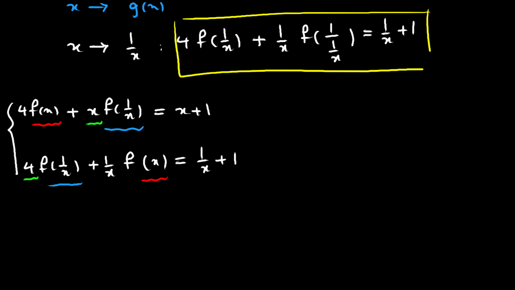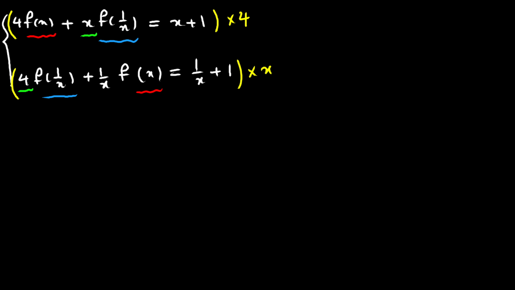And the thing is, if we want to eliminate f of 1 over x, we need to have the same coefficients. So in order to have that, let's go ahead and multiply the first equation by 4, and let's multiply the second equation by x. In that way, we will have 4x as the coefficient of f of 1 over x in both of the equations.